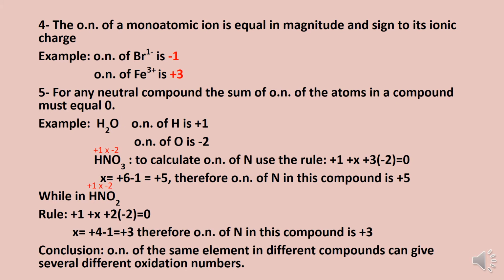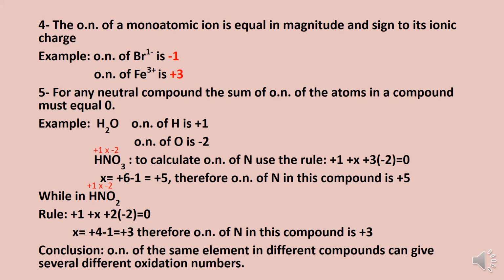Now let's move to the fifth rule. For any neutral compound, the sum of oxidation numbers of the atoms in a compound must equal 0. Example, let's take H2O, oxidation number of hydrogen is +1, oxidation number of oxygen is -2.